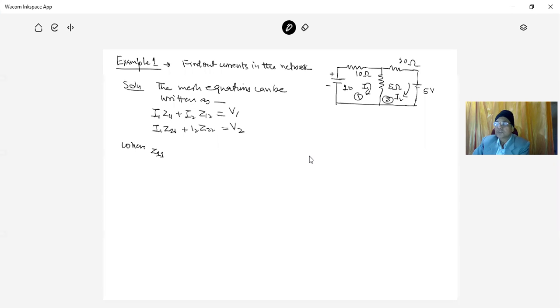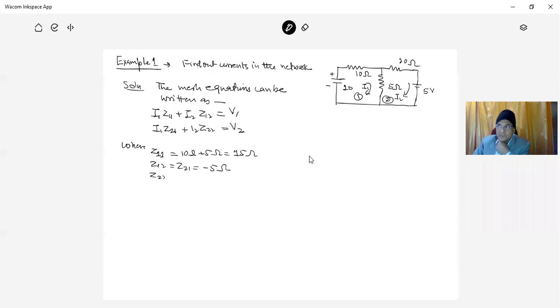Z11 is the total resistance in loop 1. So the total resistance of loop 1 is 10 ohm plus 5 ohm, so this is 15 ohm. And Z12 is equal to Z21, that is minus 5 ohm.